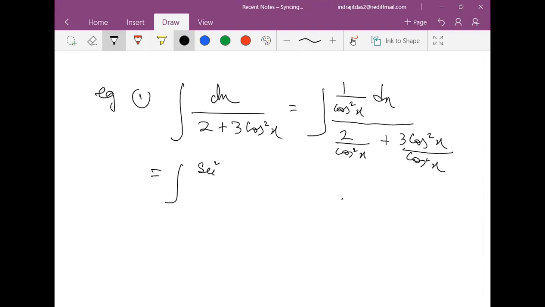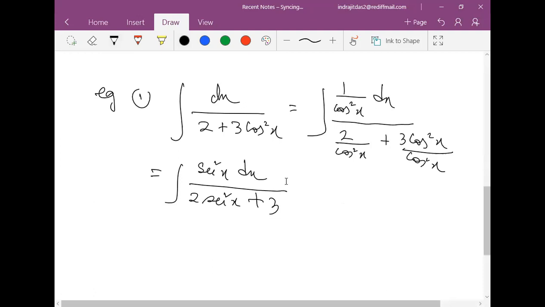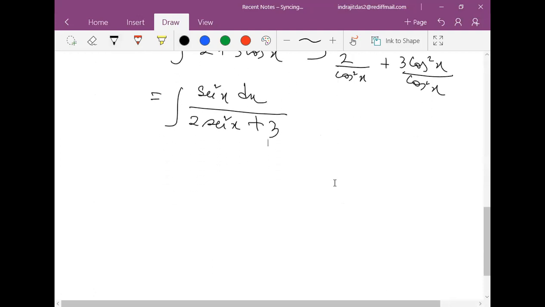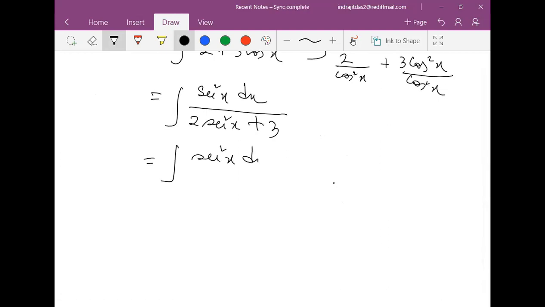This is sec square x dx, and the denominator will be 2 sec square x, because 2 by cos square plus 3. Now always try the same method to bring tan in the denominator. The numerator is sec square x dx, and in the denominator write sec square x as 1 plus tan square x.